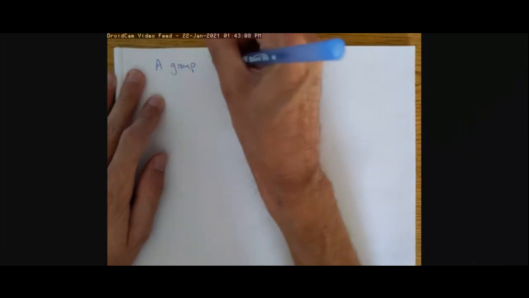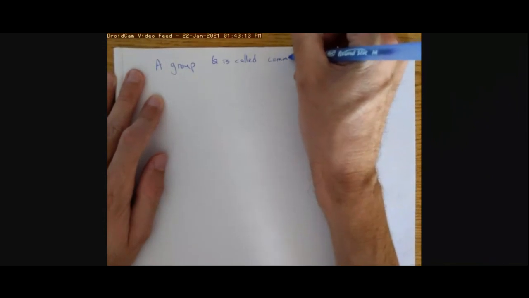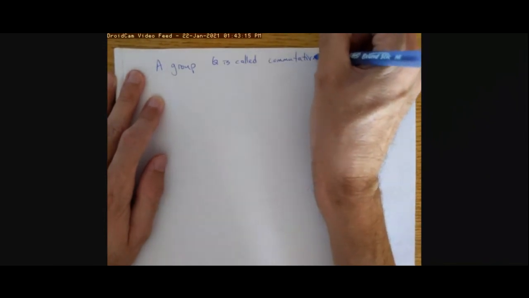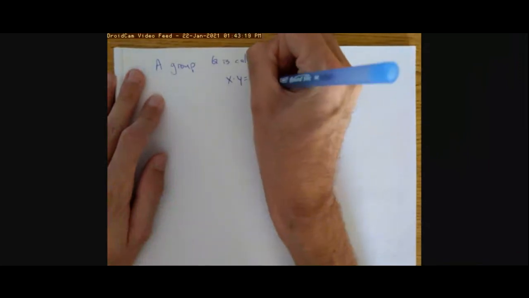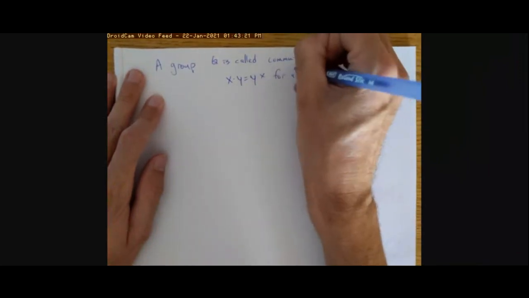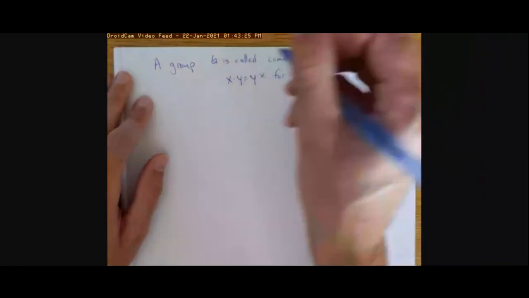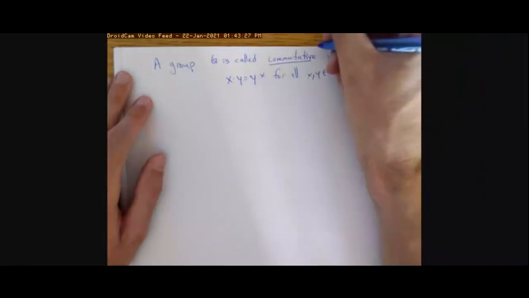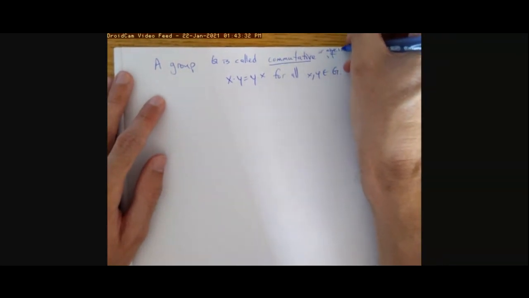A group G is commutative if xy equals yx for all x and y. Or actually, I should say abelian.